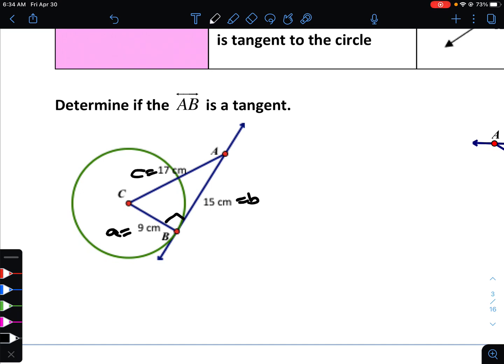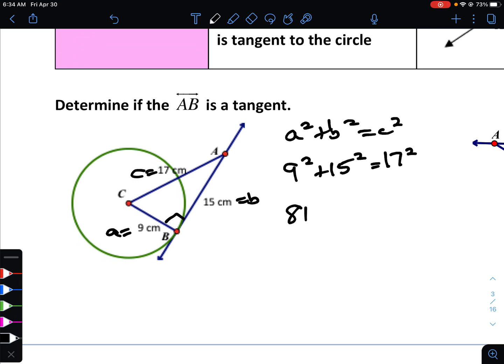And then we'll go ahead and put those into our Pythagorean theorem, which says that a squared plus b squared equals c squared. So that would be 9 squared plus 15 squared is equal to 17 squared. Then we'll square each of those numbers. So 9 squared is 81, 15 squared is 225, and 17 squared is 289.